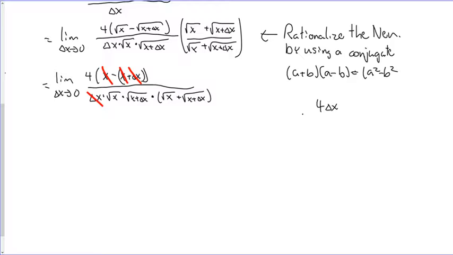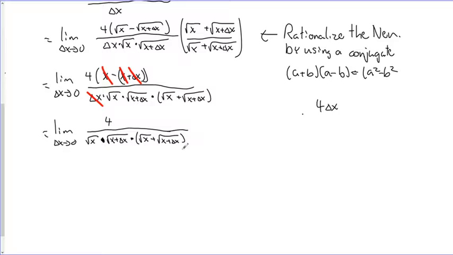And so now I have the limit as delta x goes to 0, and I have 4 over square root of x times x plus delta x times the quantity square root of x plus square root of x plus delta x.